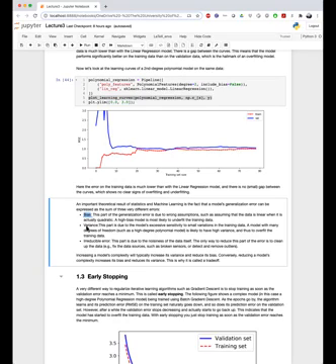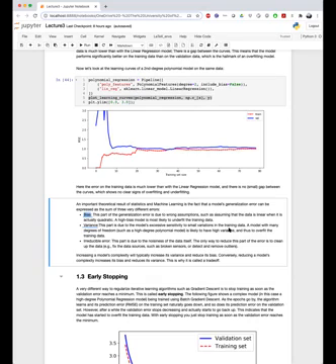The second kind of error is called variance. This means after you train the model, you perturb the data a little bit, and then how much your model varies.